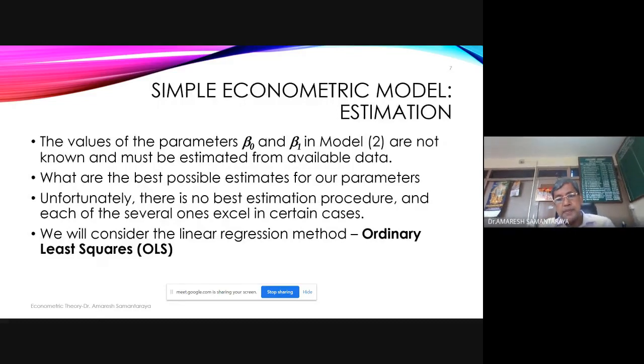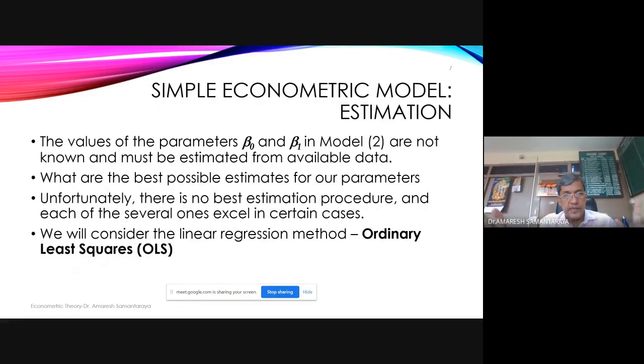Now, we have discussed the specification of the model. An econometric model is basically a mathematical model with ui added to it. So the specification of the simple econometric model is as given in equation number 2. Later on, we'll discuss a multiple regression model, where you will have more than one explanatory variable on the right hand side.